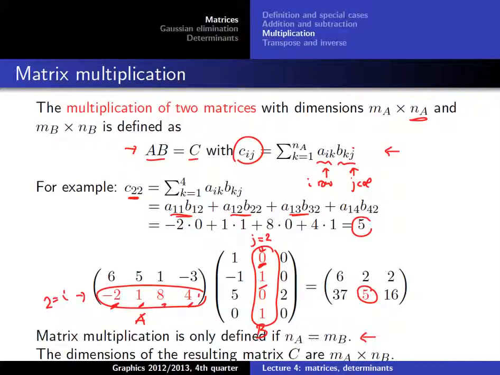So what we have here is a matrix of size M_A cross N_A multiplied with M_B cross N_B. So this here must be N_A, and the result is then M_A cross N_B. So this part is what has to be identical, and this part specifies what comes out of it.